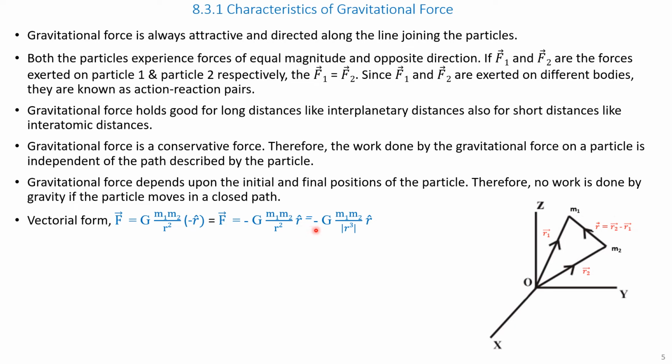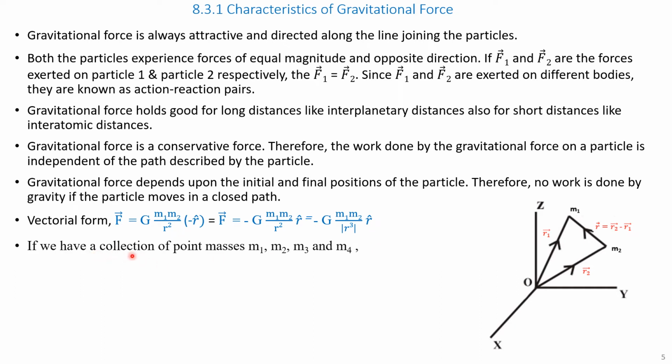That can also be written, summing vectorially, as F = G M1 M2 / |R|³ into vector R. This is already discussed in a vectorial summation form.